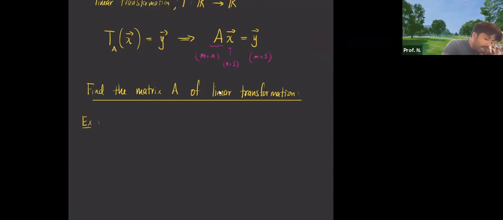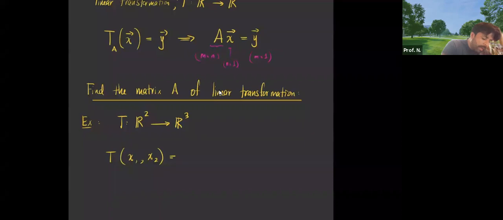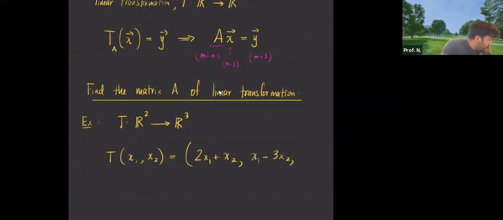So if we have a transformation T that goes from R2 to R3, and we say that T takes x1, x2 and gives us something of the form 2x1 plus x2, comma, x1 minus 3x2, comma, negative x1 plus x2.